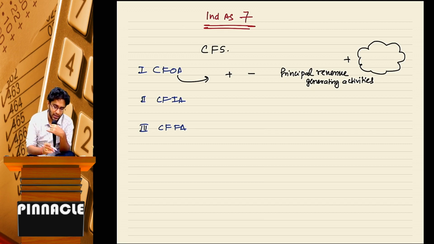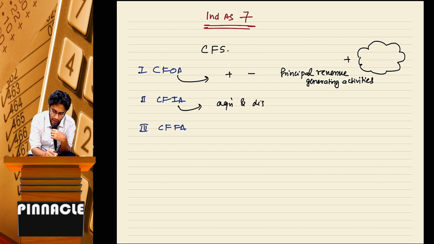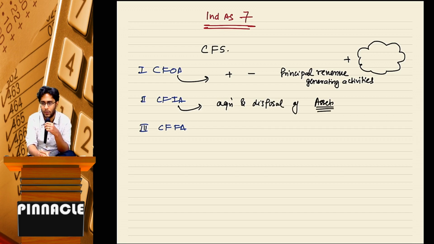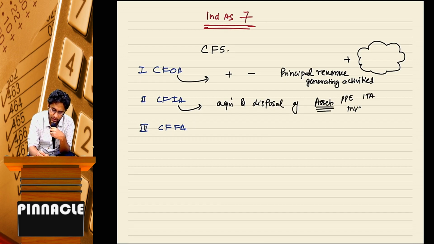Okay, remember this. Coming to investing activities, this is basically about acquisition and disposal of assets. It can be PPE, investment property, normal investments, all such assets. PPE, intangible assets, investments, all these are covered. Next, cash flows from financing activity.